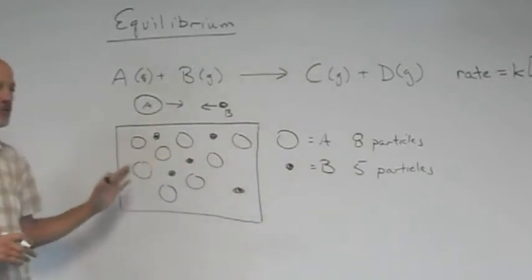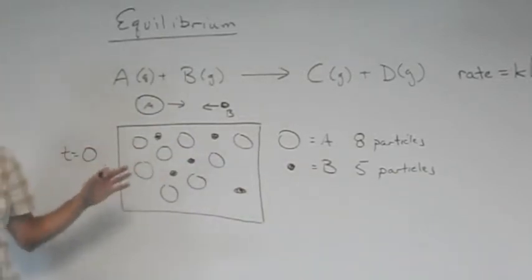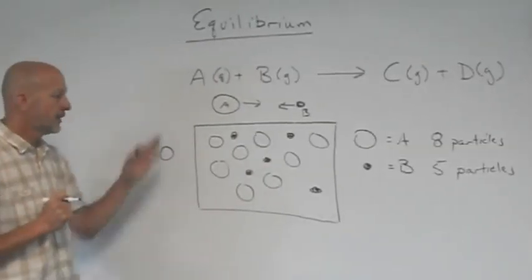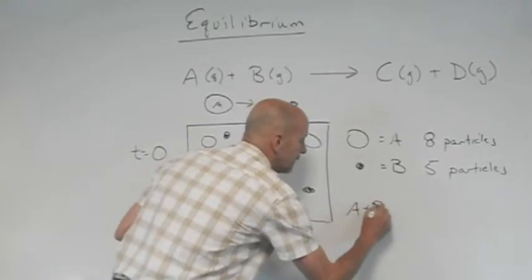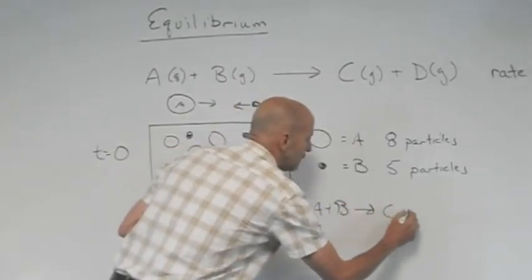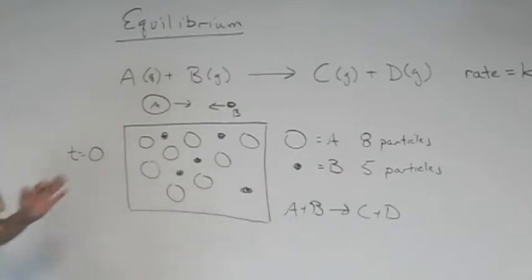So I put this mixture in, and this is going to be at time equals 0. I put this mixture together, and the reaction starts. So what happens at this point? A plus B are going to start to collide, and when they collide just the right way, they make C plus D. Let's look at it now a little bit later.